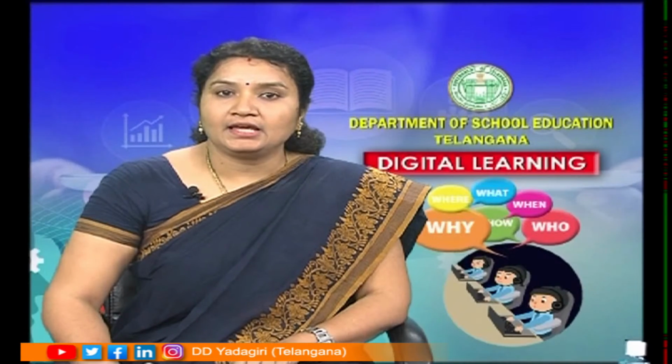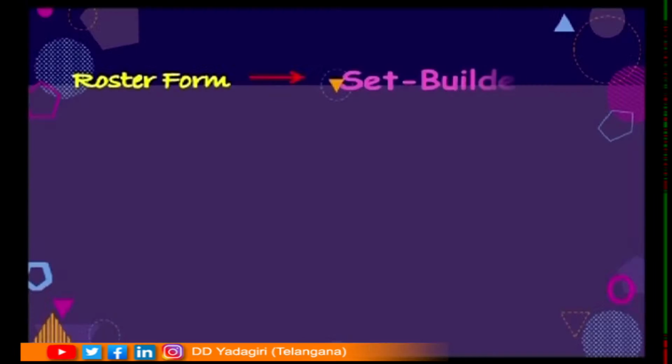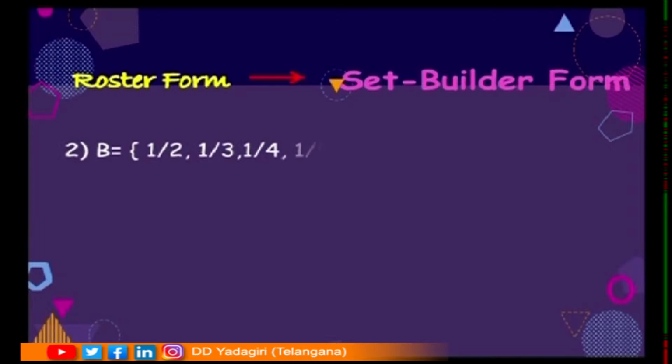Now, let us see how we can convert from roster form to set builder form, taking another example. If I have a set B with the elements 1 by 2, 1 by 3, 1 by 4 and 1 by 5, you observe that in all the elements the numerator is the same, which is 1. Only the denominators are different.